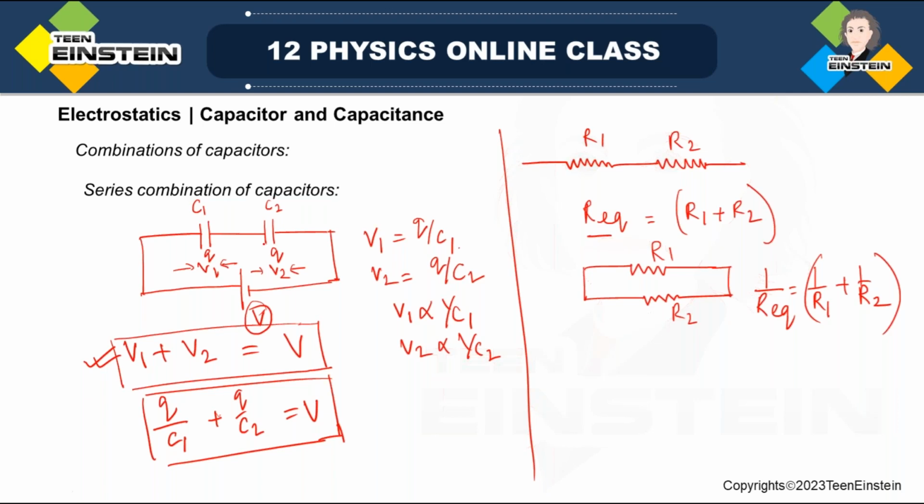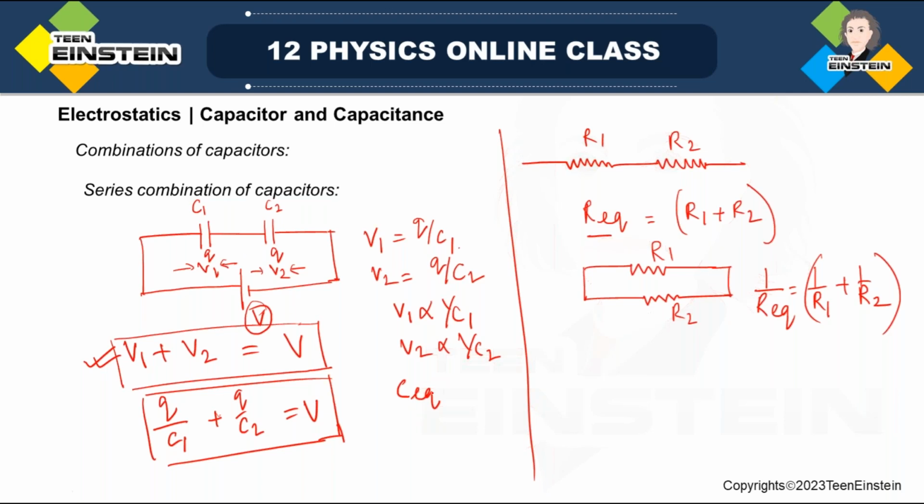So let me take that the equivalent capacitance is C equivalent. When the same voltage is applied across C equivalent, the same charge Q continues to flow.